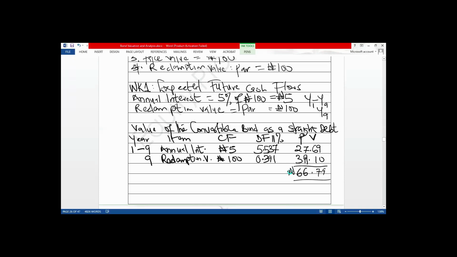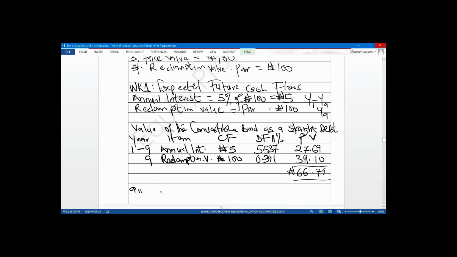That is, if the convertible bond is not converted to ordinary shares, its value as at today will be worth 66 naira 79 kobo. That is A1.